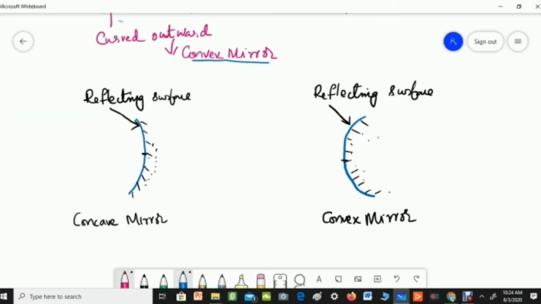I am giving it the letter P. P is the pole of the mirror. The center of the reflecting surface of a spherical mirror is a point. So this point is called the pole of the mirror.